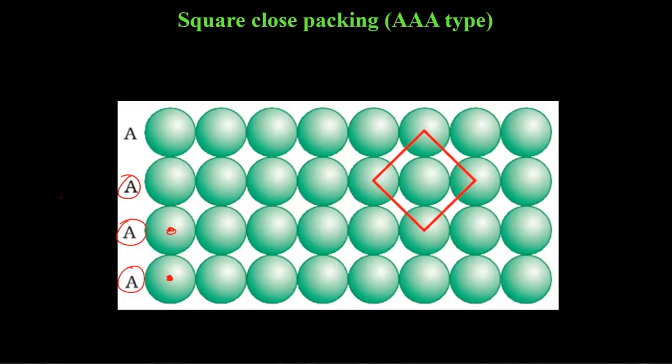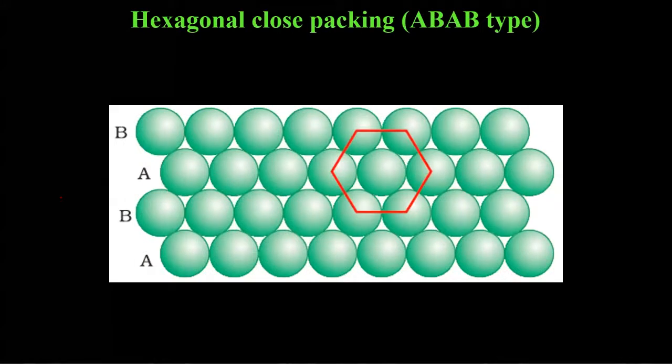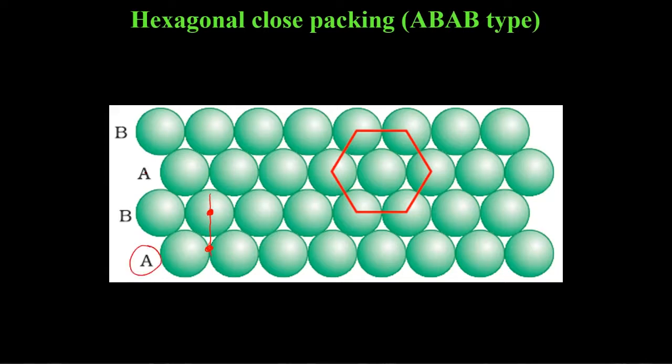But a second case is possible: instead of having the atom exactly above, the above one can be in the groove. Now the first and third are the same, and it repeats like A, B, A, B. So it will be represented as ABAB type, alternate layers.